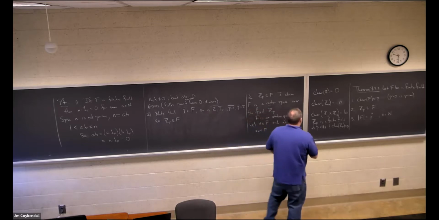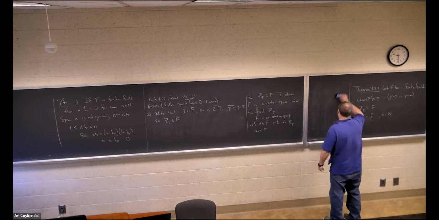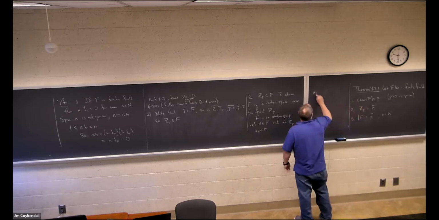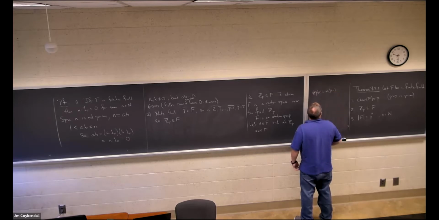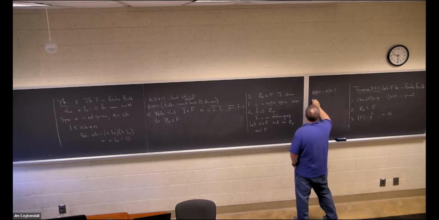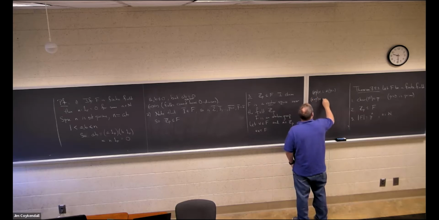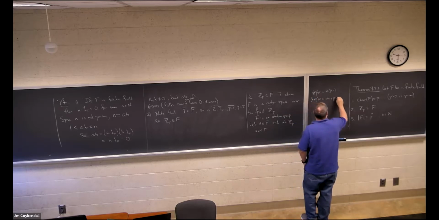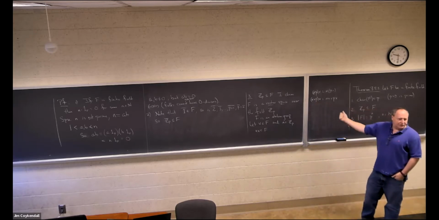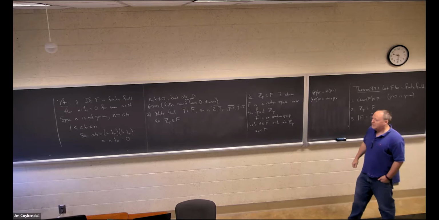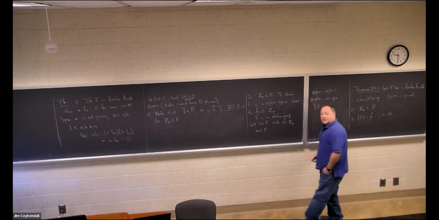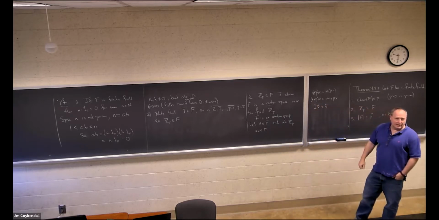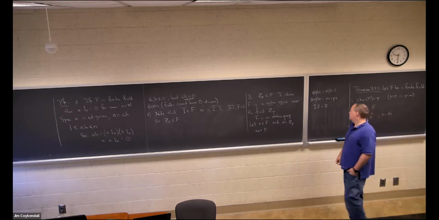What are you supposed to have? Well, you're supposed to have alpha(beta b) equals (alpha beta)b. Got that. You have to have (alpha plus beta)b equals alpha b plus beta b. Got that, right? This is just the distributive law, like in a ring. Oh yeah, you need 1 times v equals v. No problem. Got that. So this is actually a vector space.